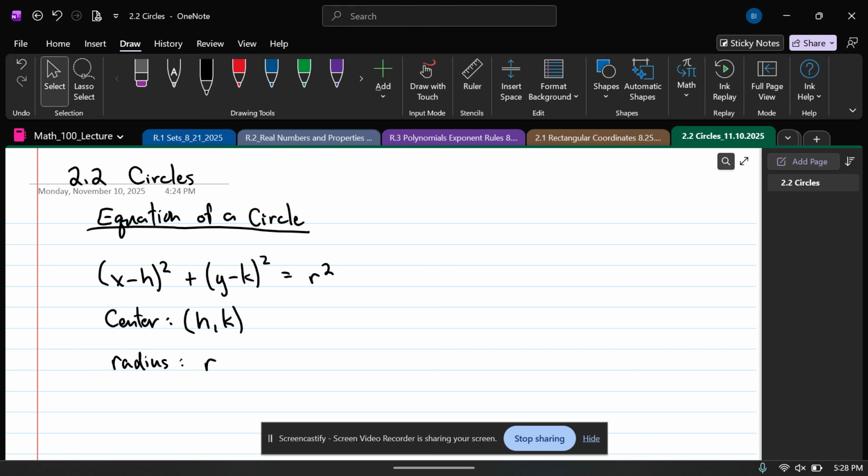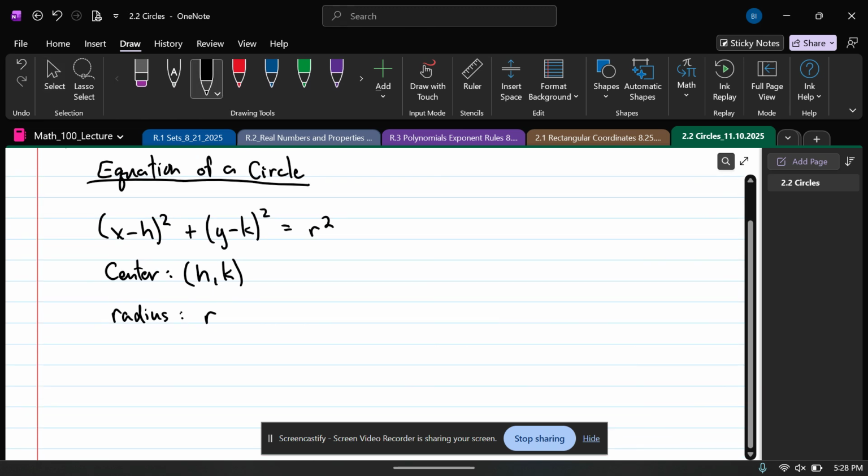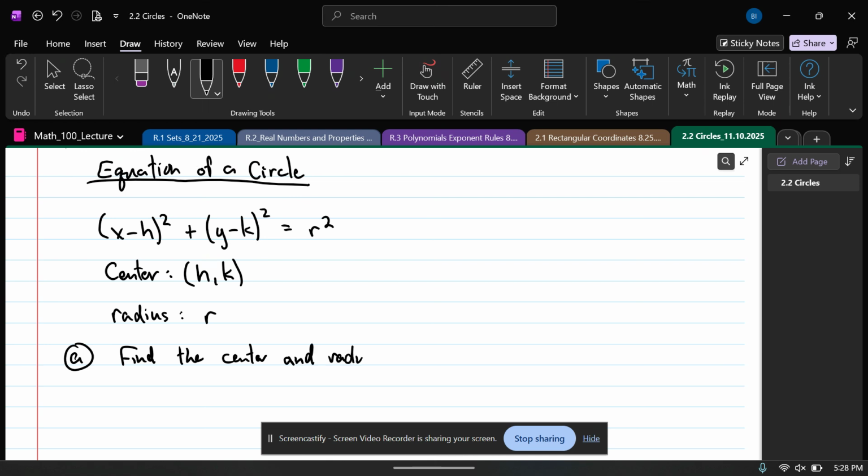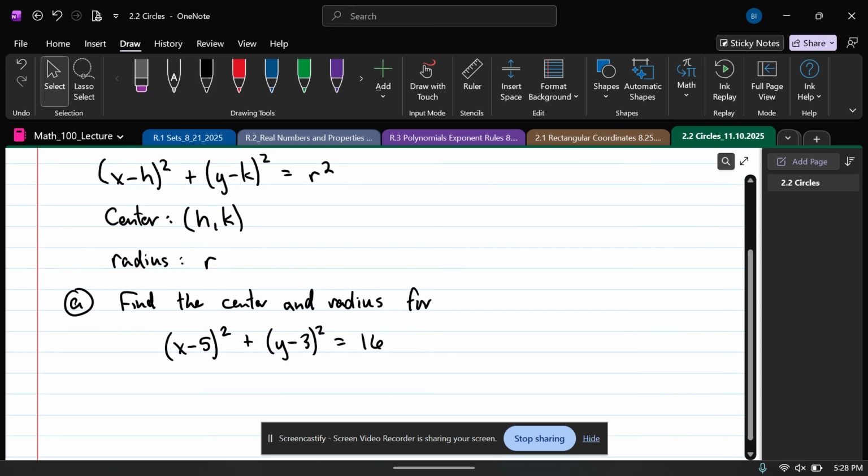Okay? All right. So let's look at an equation that's got some numbers in it. Example A. Find the center and radius for x minus 5 squared plus y minus 3 squared equals 16. Okay.